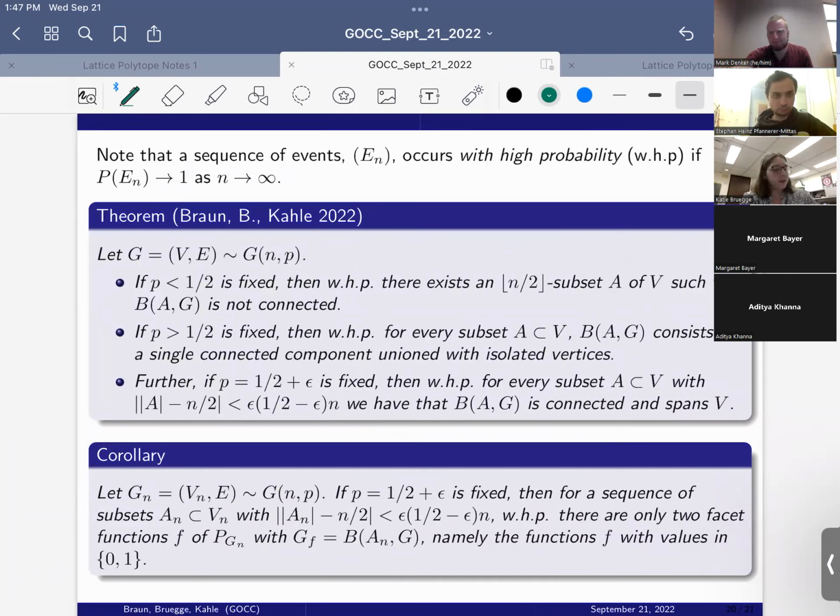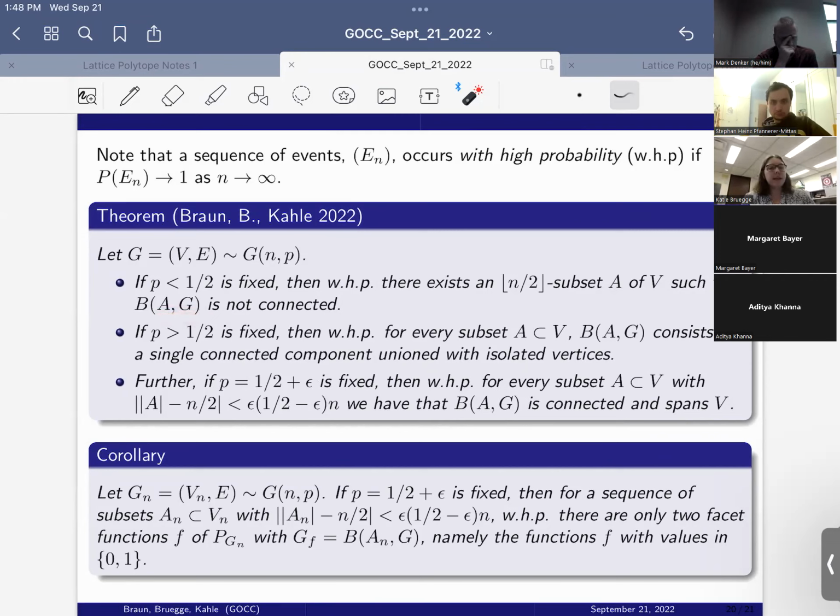We first note that a sequence of events E_n occurs with high probability if the probability of E_n goes to 1 as n goes to infinity. So for n sufficiently large, these events are becoming more and more certain. We were able to establish a threshold probability for when certain partitions of the vertices give us a connected subgraph.